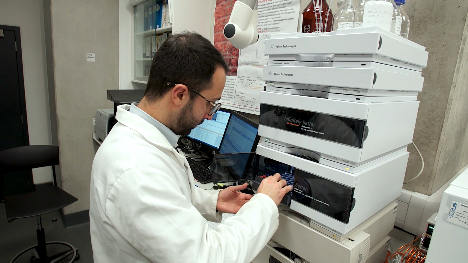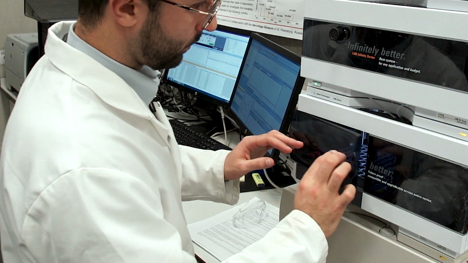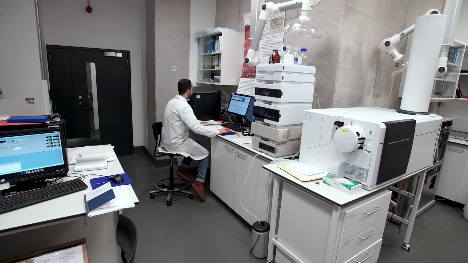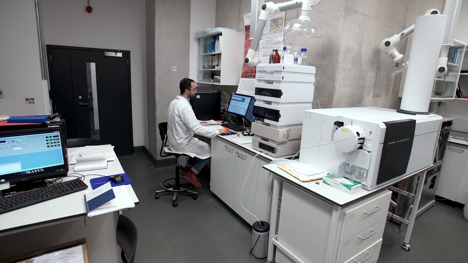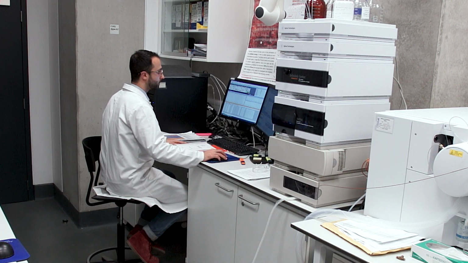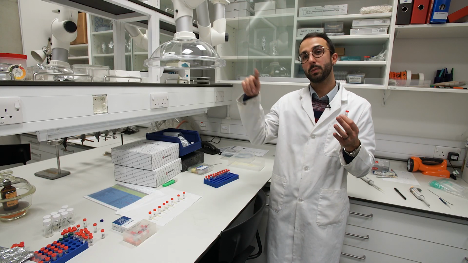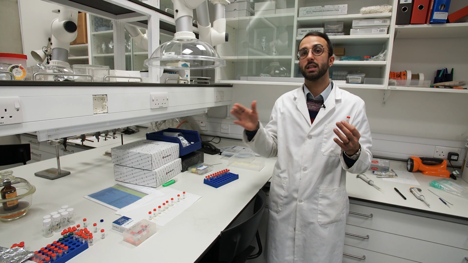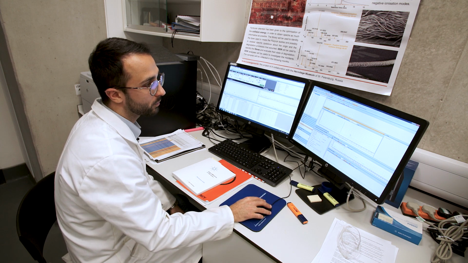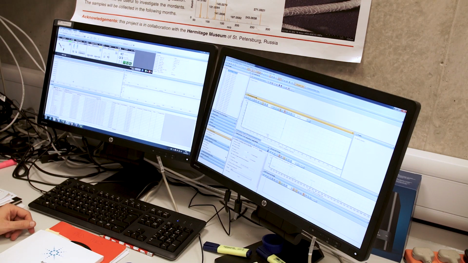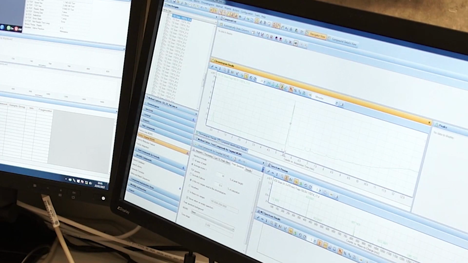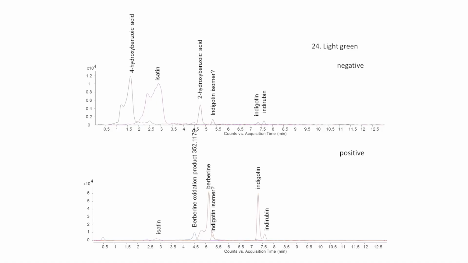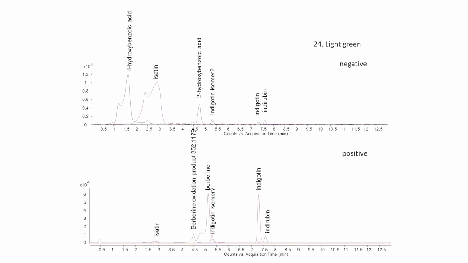The dye molecules are separated inside the machine, and the result is a graph which is called chromatogram, which shows different peaks at different times. And each peak corresponds to a molecule. So what I will do next will be to compare the peak I find in my samples with the peak I have from my reference database.